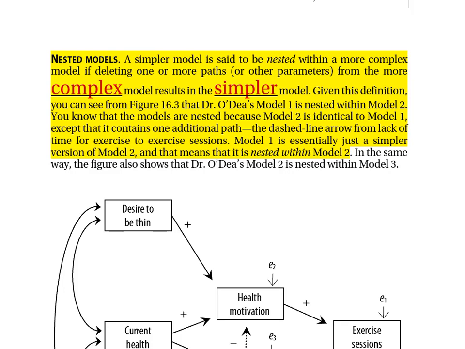You know that those models are nested because Model 2 is identical to Model 1, except that it contains one additional path, the dashed line arrow from lack of time for exercise to exercise sessions. Model 1 is essentially just the simpler version of Model 2, and that means it's nested within Model 2.